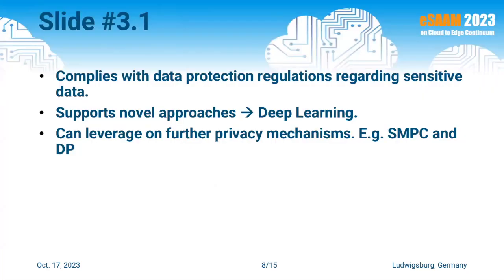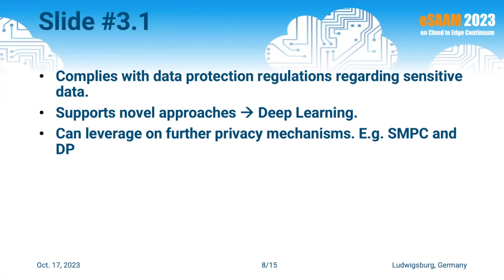First, the policy and regulation scope is getting more and more strict due to the fact that we are treating mostly sensitive data, and within this project it was the case. So this is a way to achieve model training in this scope, when there is a regulation that is pushing you to comply with GDPR, etc. Also, it supports novel approaches such as deep learning.